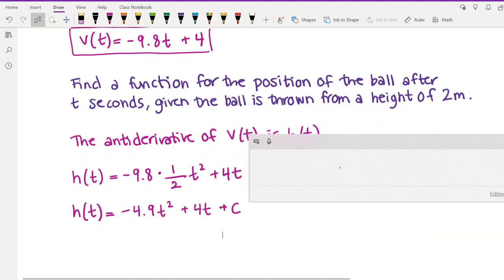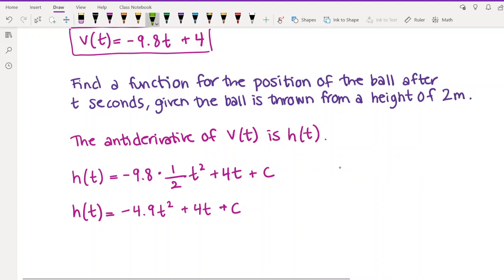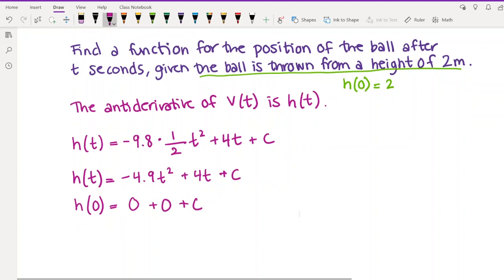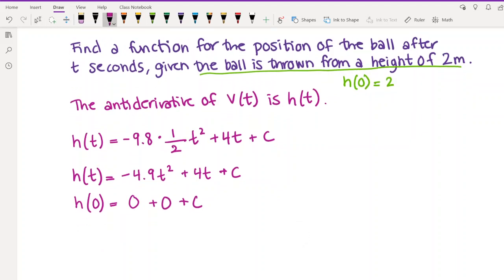And so now if we look at this information that's given, it says the ball is thrown from a height of 2 meters. That would mean that the height after 0 seconds, right, the starting height is 2. And so if we plug in 0 to our function, we would get 0 plus 0 plus c. So this is going to be another case where c actually is just equal to that initial thing.